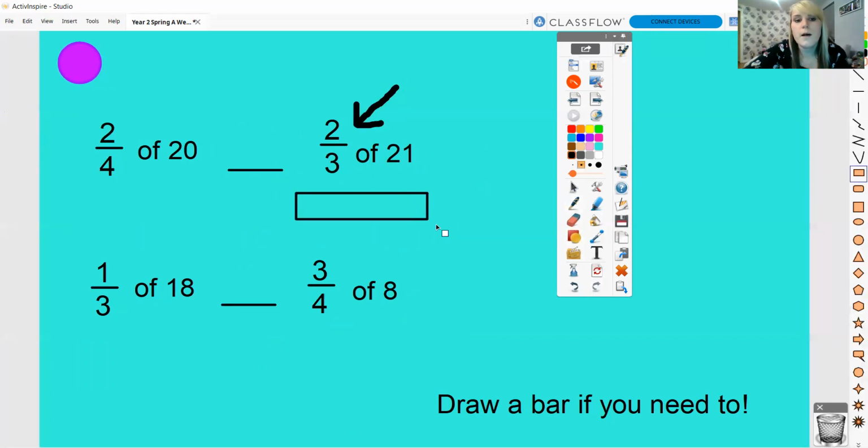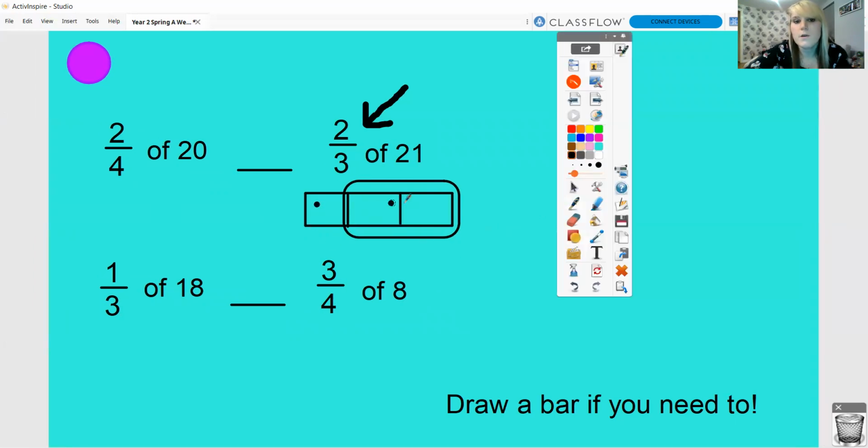So when you draw your bar this time and you divide it into the bottom number, the denominator, we are going to count 2 sections rather than 1 for 2/3, okay? So I'll quickly show you this one. 1, 2, 3, 4, 5, 6, 7, 8, 9, 10, 11, 12, 13, 14, 15, 16, 17, 18, 19, 20, 21.